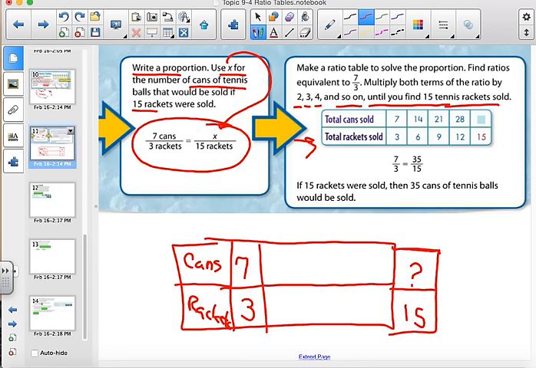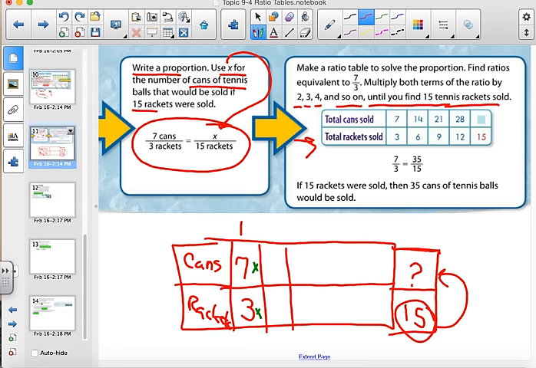We're going to multiply each of the terms to get an equivalent amount until we reach 15. Once we reach 15 here, we know we will reach our equivalent amount up there.